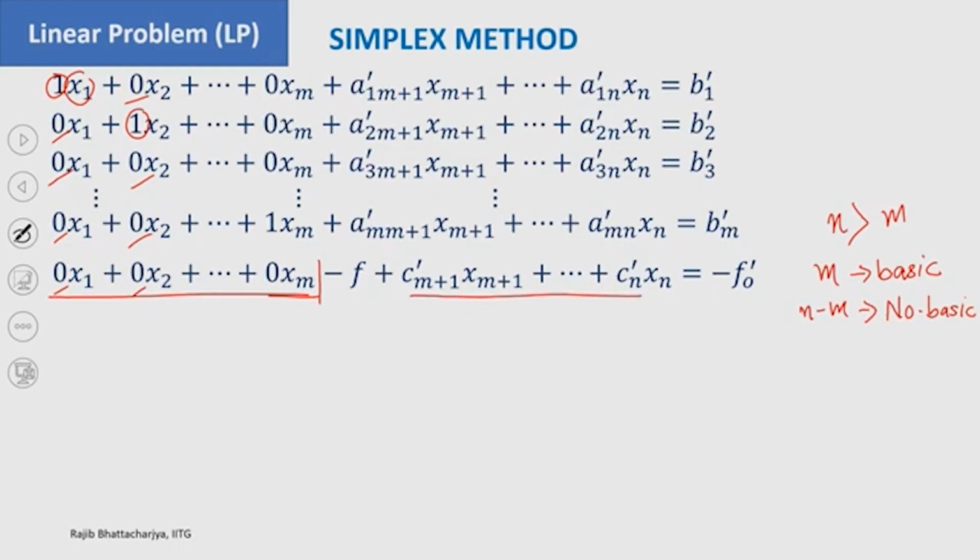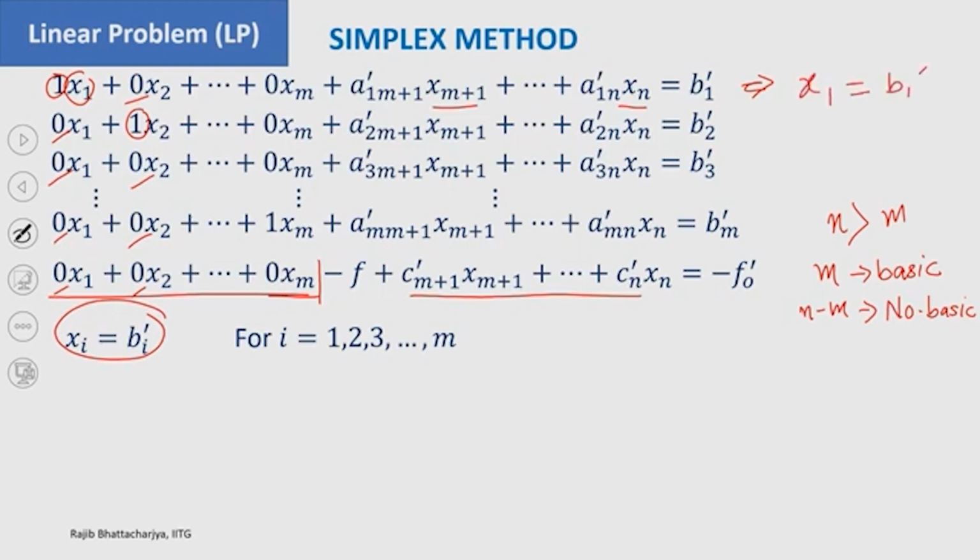Here we have arranged it in such a way that the coefficient of x1 is 1 and for the other equations that is 0. Now, what is the initial solution here? I can get xi equal to bi dash. From this equation, if the non-basic variables from m plus 1 to n are 0, then from the first equation I will get x1 equal to b1 dash.